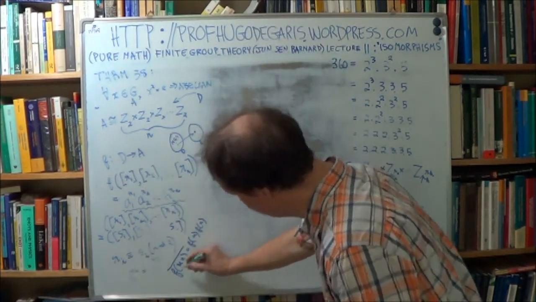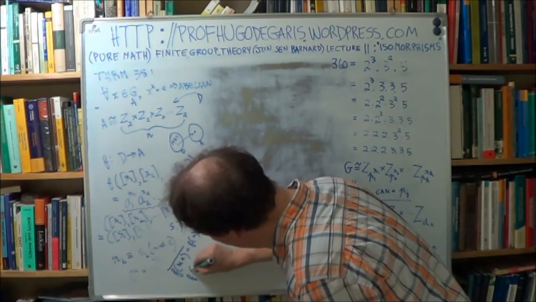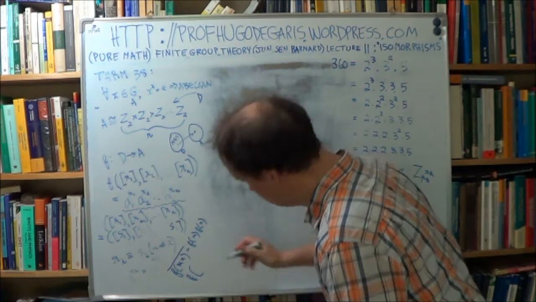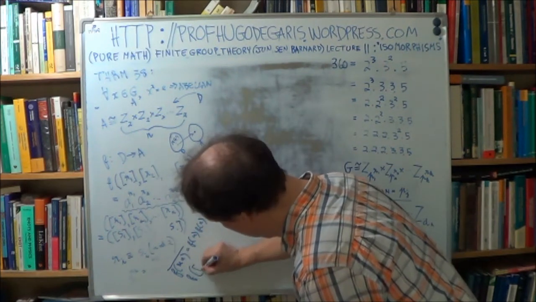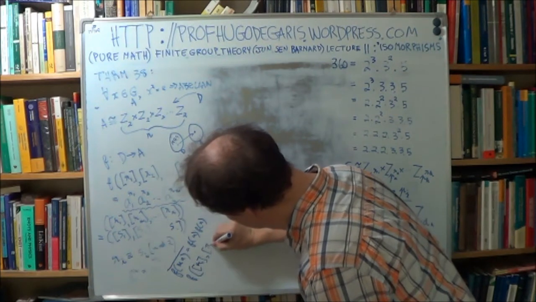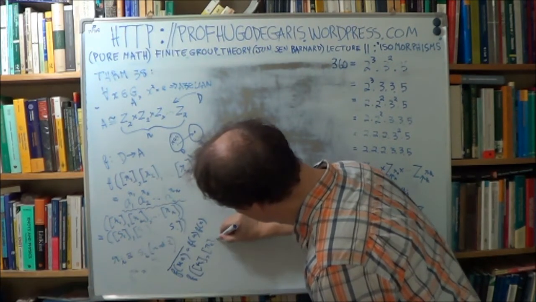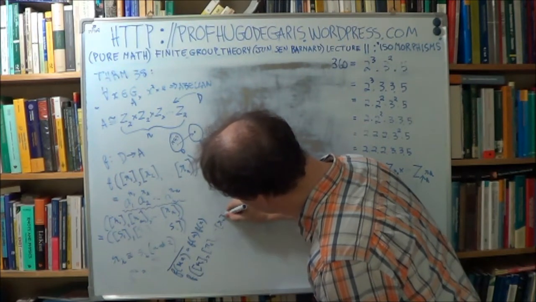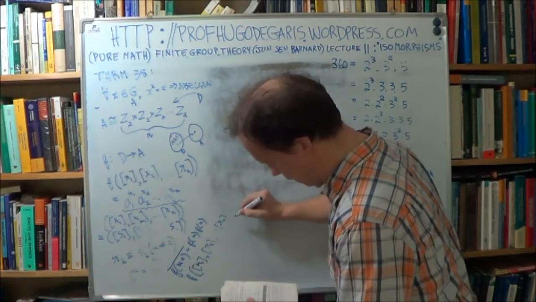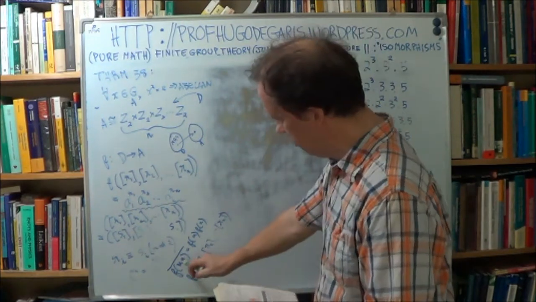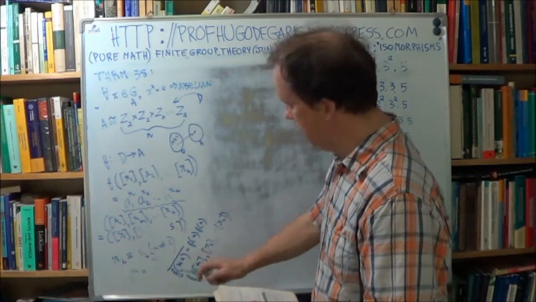So f of m, now m will be like one of these, r1, comma, r2, comma, dot dot dot, rn, and then there's a binary operation here.